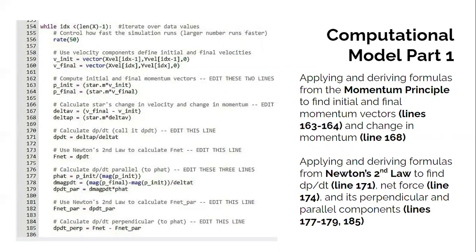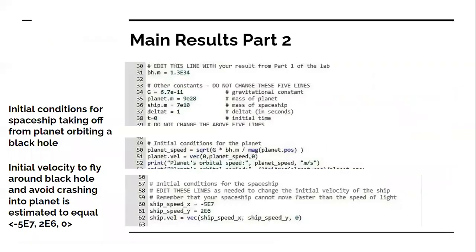Then it asks us to find the parallel component of the net force, in which we use dp/dt, where we take the magnitude of the momentum times the change in time times p hat. Once we find F net parallel, we can also find the perpendicular component by taking the net force minus F net parallel, since the net force is the sum of its parallel and perpendicular components.